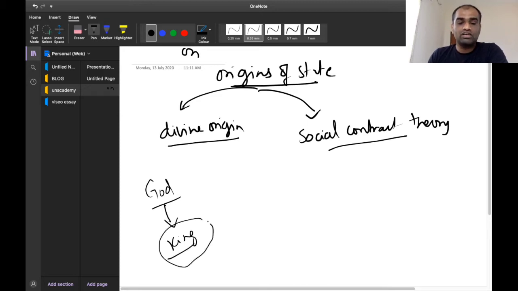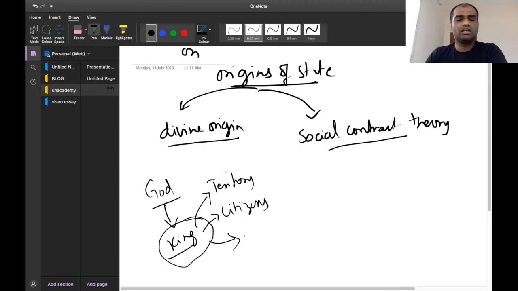Whatever the king decides constitutes the state. So the king gets to decide which territory will come under his control, who will come under this particular state, and what type of government he establishes, whether an authoritarian one or a benevolent kingdom.